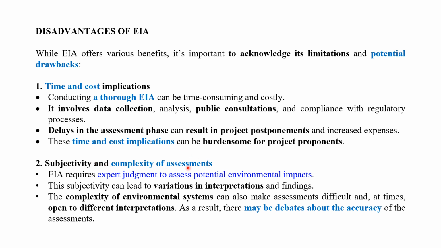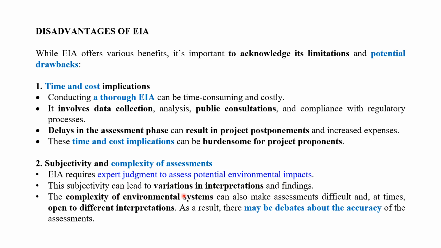Next, subjectivity and complexity of the assessment. The EIA definitely creates complexity during the assessment. It takes time. EIA requires expert judgment to assess potential environmental impacts, so we need expert people. This subjectivity can lead to variation in interpretation and findings.